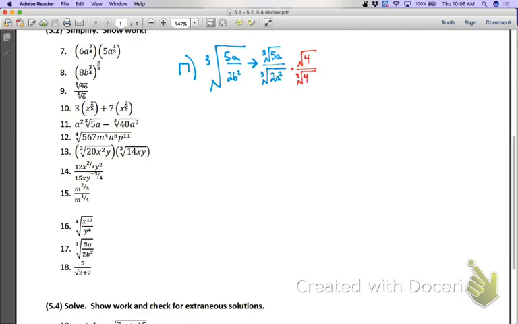Now I'm not finished. I have a to the second. So what do I need to multiply a to the second by to make it a to the third? Sorry, this should be a b squared, not an a squared.